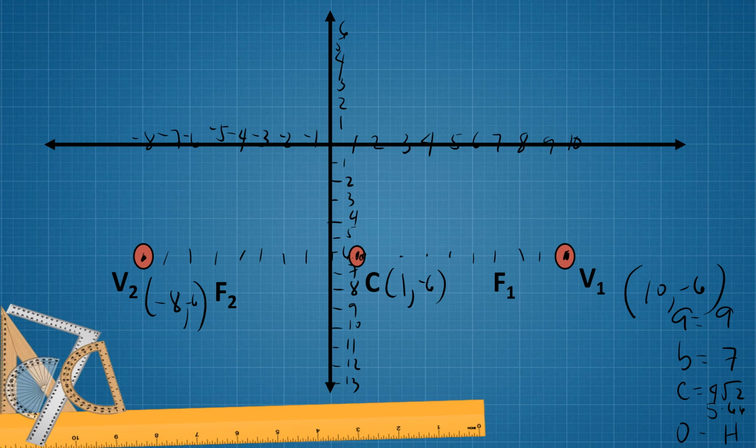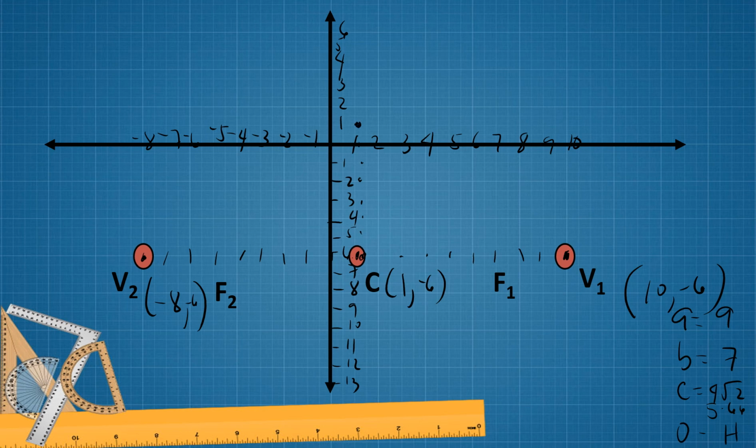Now, in order for us to locate the co-vertices, we're going to count 7 units since b equals 7. Since nagbilang tayo left and right to locate the vertices, now we're going to count upward, downward 7 units from the center. So, the center is here. We're going to count 7 units upward. So, we have 1, 2, 3, 4, 5, 6, and 7.